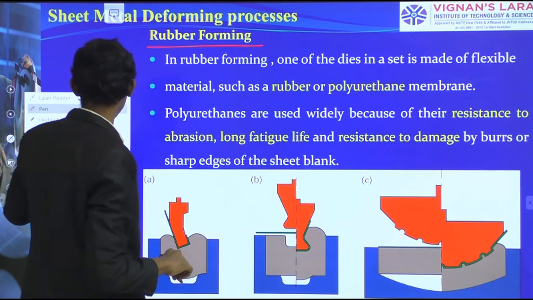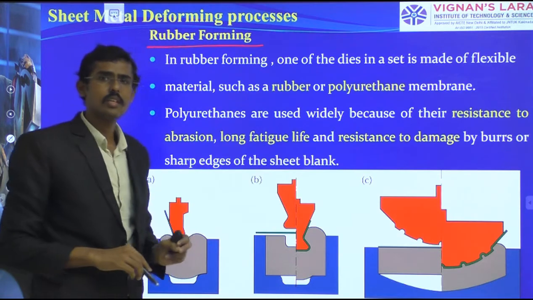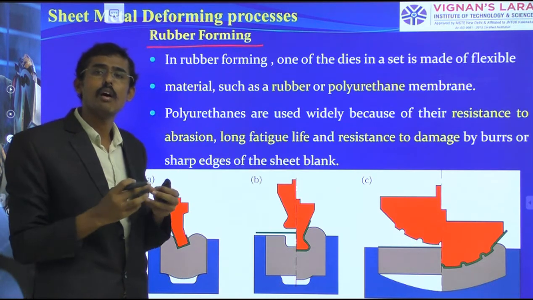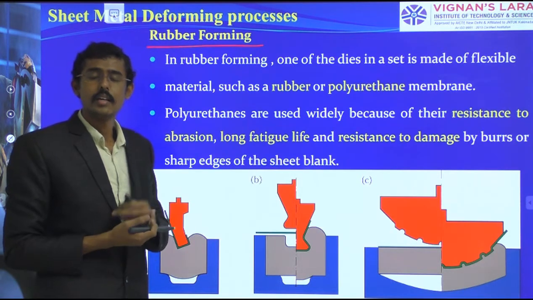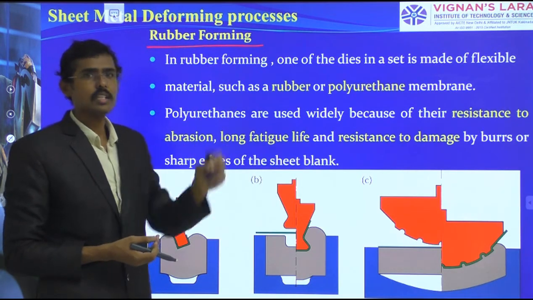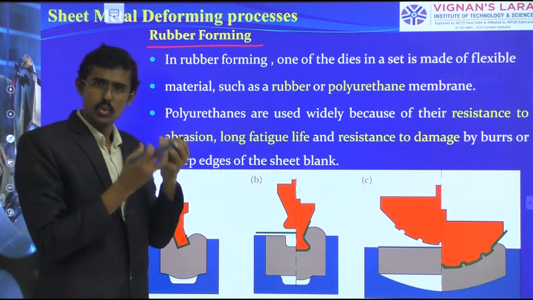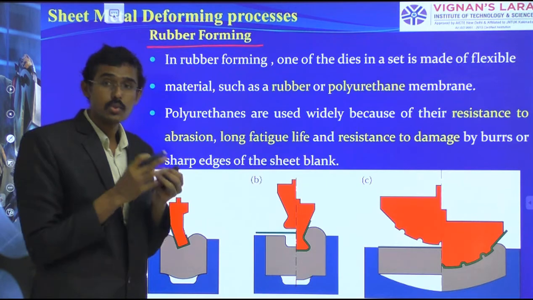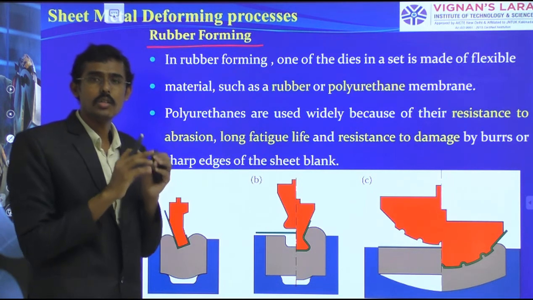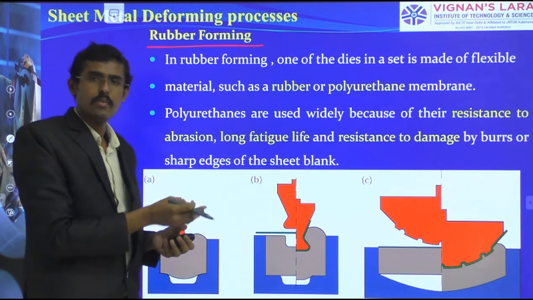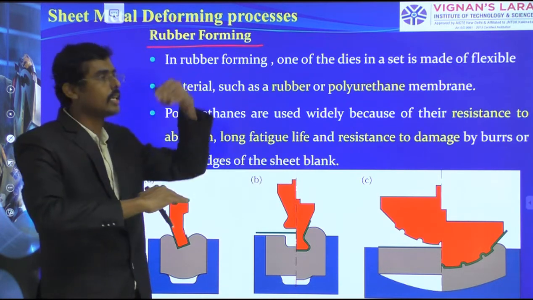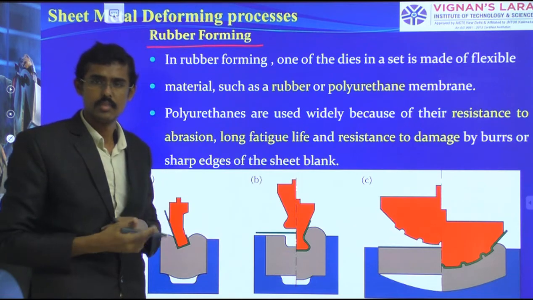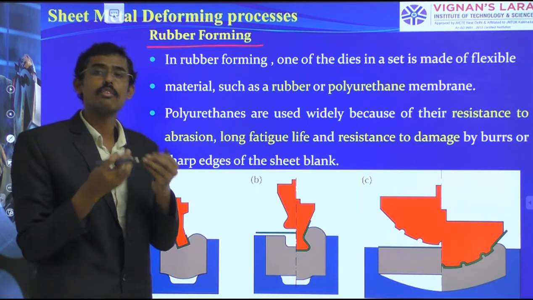In rubber pad forming, you see, we are using a rubber pad instead of a die. A die is usually made of a hard, tough material, in such a way that it can withstand the punching force and should not break, and it should help the sheet kept between the die and the punch to deform into the required object. So that is the use of a die.